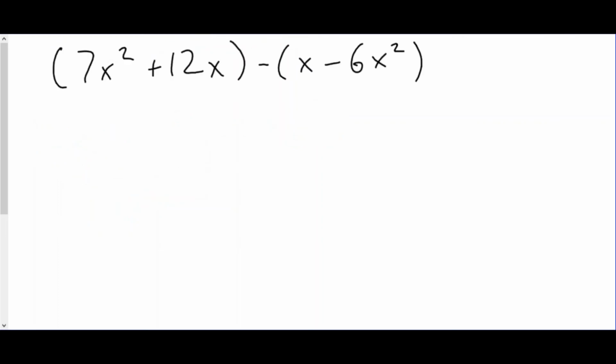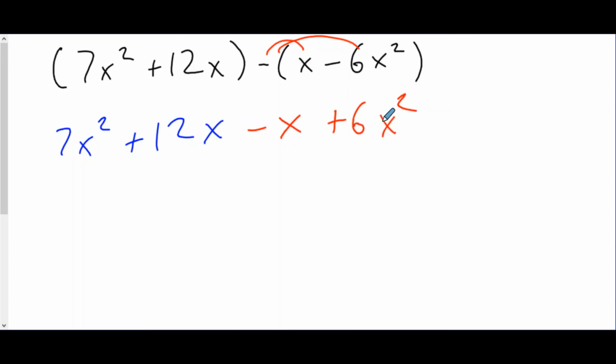Last one. Again, first step is to distribute the negative. I can keep the first part the same. This becomes a negative x, negative times a negative, plus 6x squared.